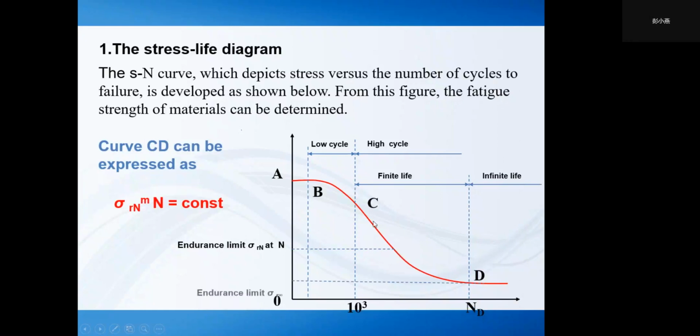And curve CD can be expressed as this: the m's power of sigma RN times N is constant. This is for the curve CD.